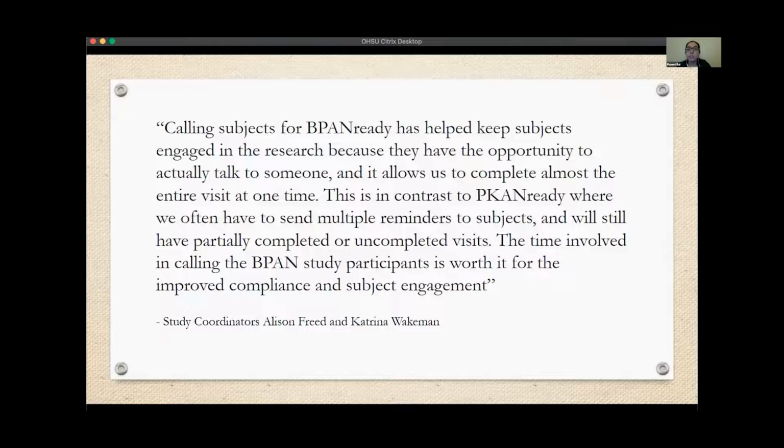They've really seen a vast improvement in engagement and retention in this study compared to our previous natural history studies. And they feel that families being able to engage with us on a personal level and talk about where their child is at and what they're going through has really helped keep them in the study, and has helped make the process, again, more personalized.